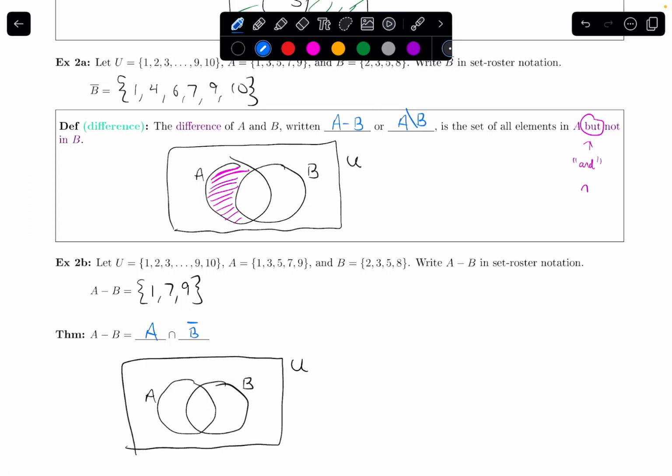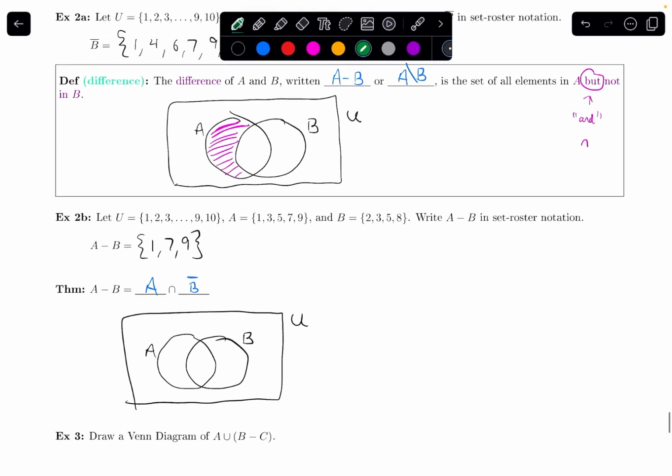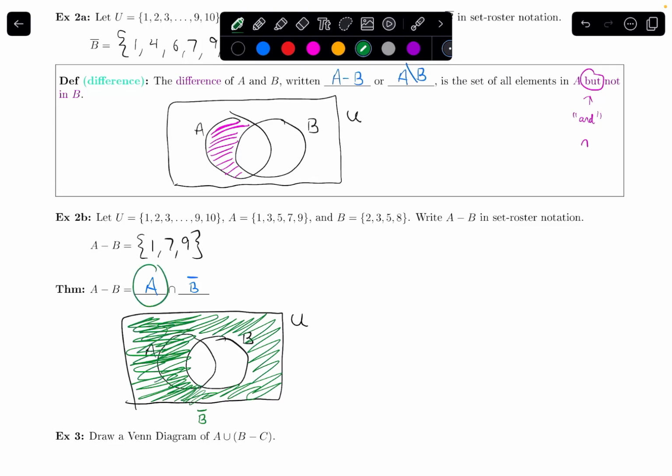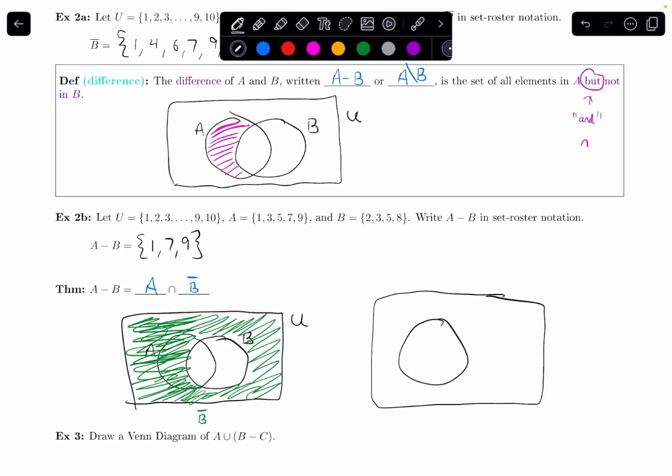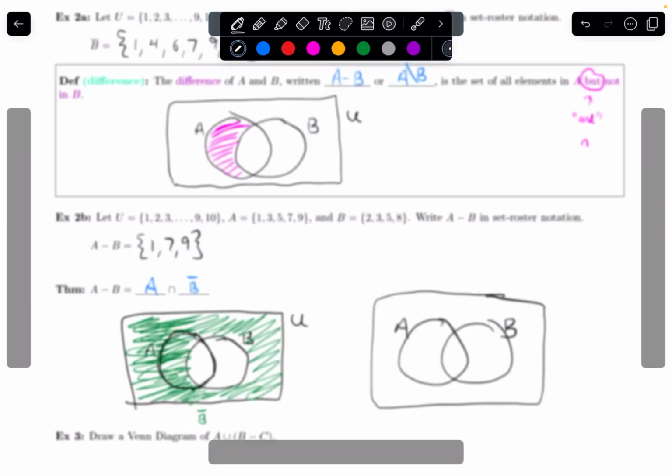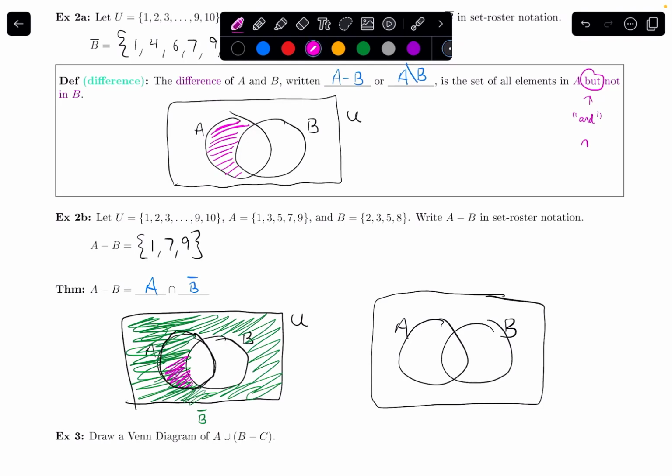So visually, why is that? If I first draw just B complement, it would be the stuff that's outside of B, but within the universal set rectangle. Now I want to take the intersection of that with A. Let me draw my universal set again, and A and B. I want to take the overlap of that with the circle that represents A. And when I take the overlap, it's just going to give me this part here, the overlap of the A circle with the green shaded region.